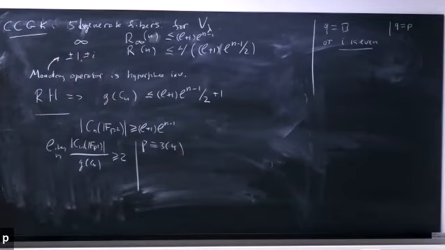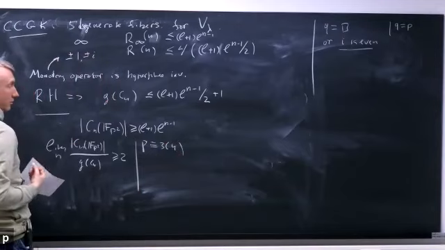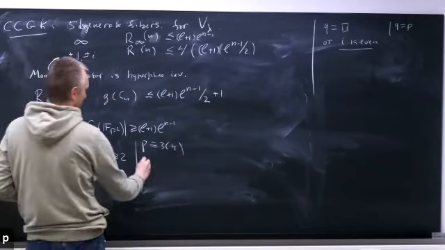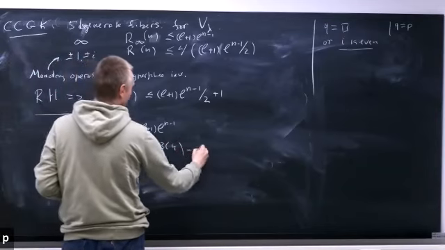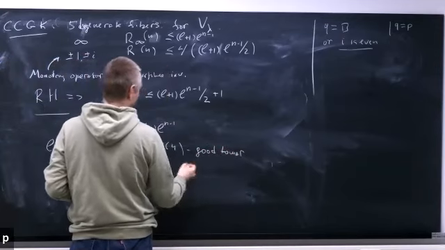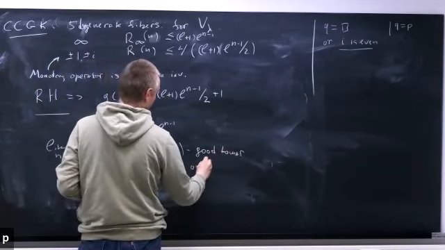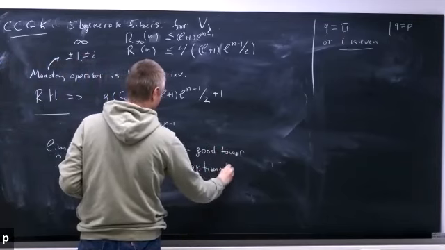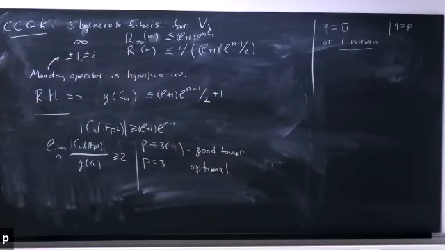For general p of this sort, we get a good tower, but if p is 3, then the tower is optimal. Actually, if we were more careful, I think it's not hard to prove that this tower is also optimal for many p.